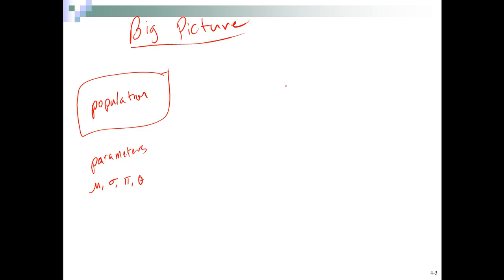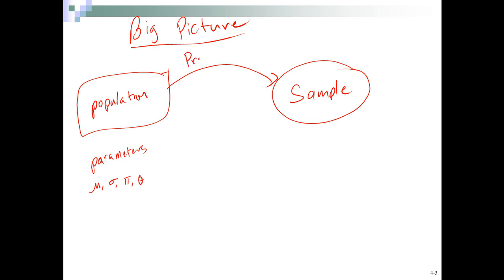So what we typically do is we take a sample, and the sample comes from the population. And if we did know what the population characteristics were, or the parameters, we could use probability, which can be thought of as the study of uncertainty, to make statements about how likely the sample is that we observe.